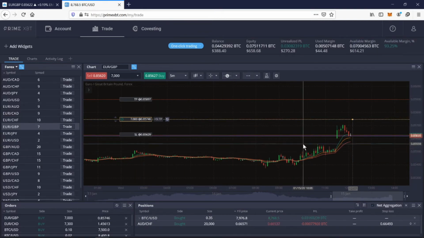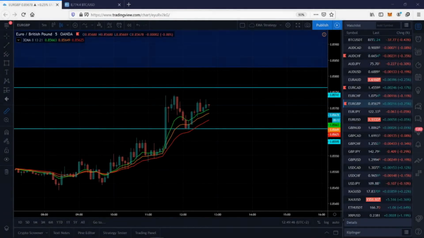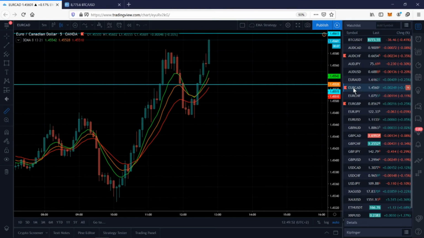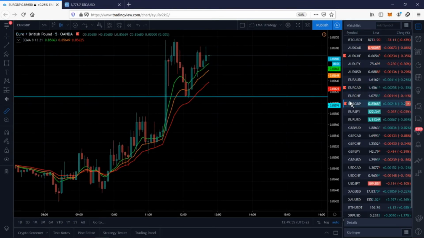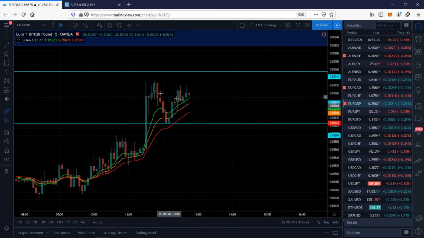Let's now wait and see if any of them trigger. All right, so I'm back now, and I'm just reviewing where we are with the trades that we've set. We're looking at EURCAD, and we're looking at Euro GBP. Euro GBP is going steady there.